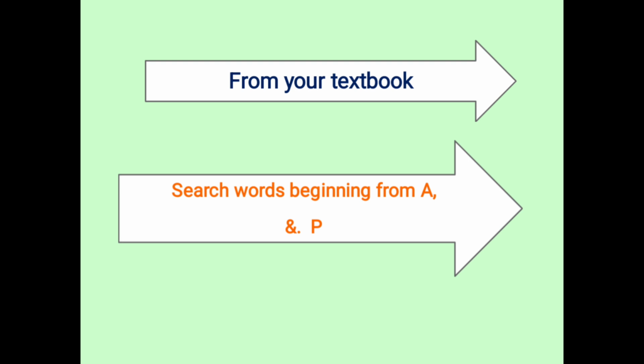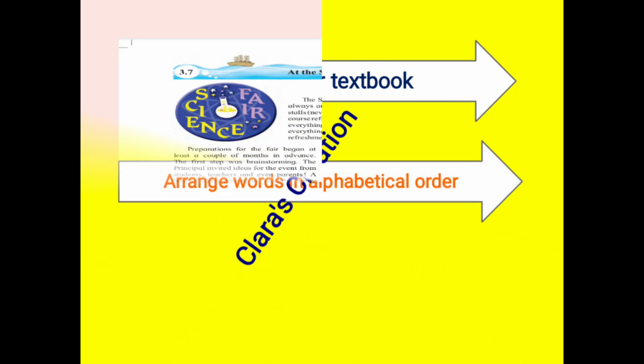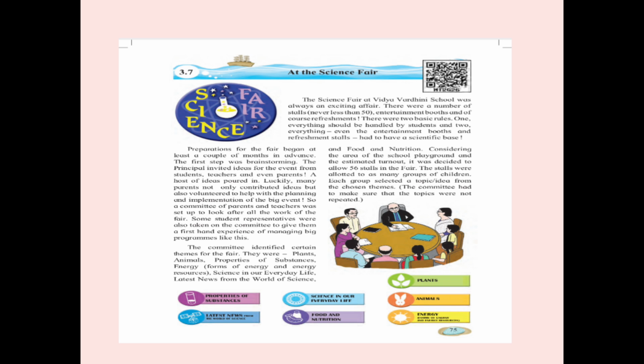And search for words that begin with A or P. So come back. Let's see if there is any word in this chapter that begins with alphabet A. The very first word, the name of the lesson, at the science fair. I got one word with A: at. Then I can read the word and.